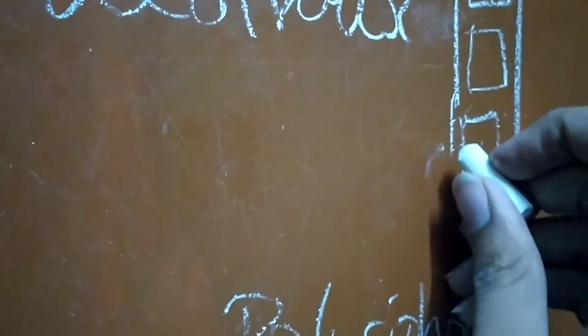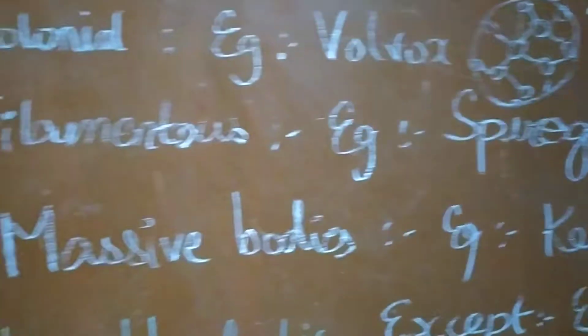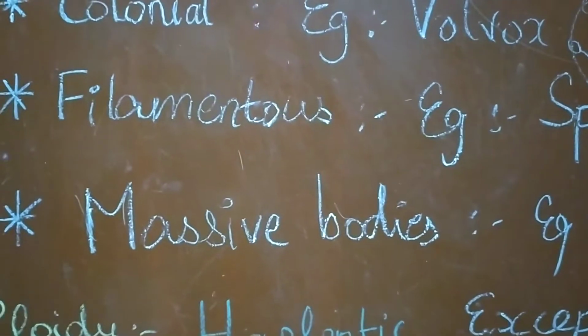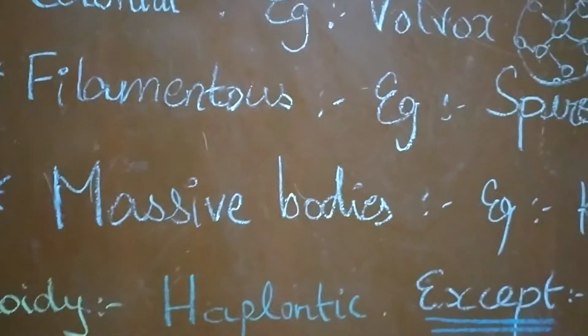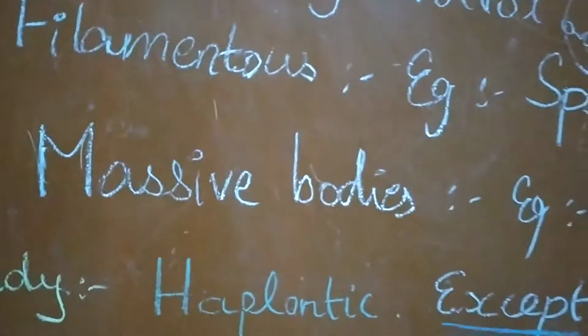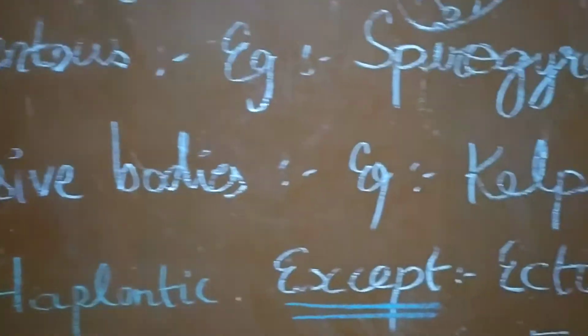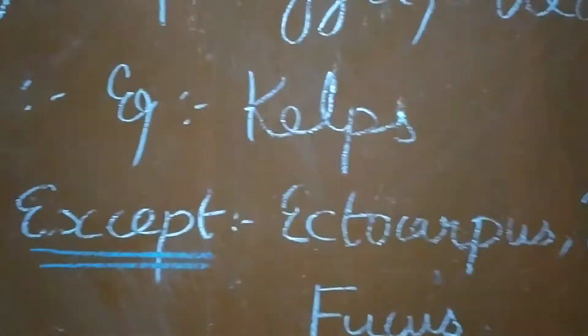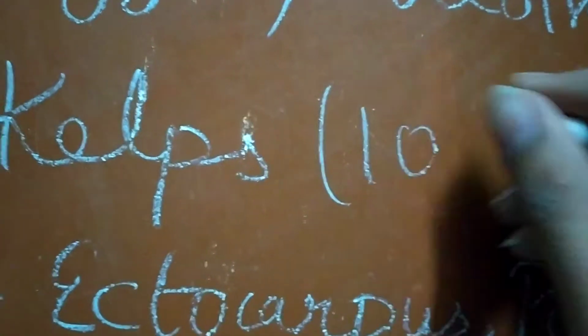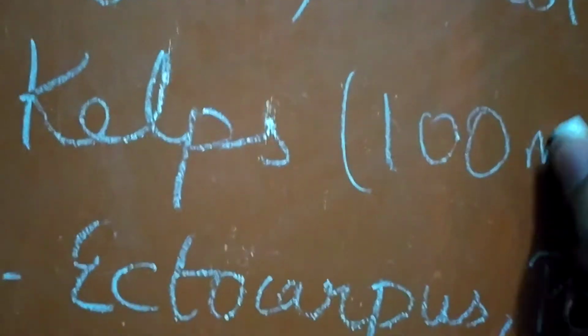So filamentous algae are Spirogyra and Ulothrix. The fourth one is massive bodies. So an example for massive bodies is kelps. Simply, kelps can grow up to 100 meters high, and they're found in deep oceans.